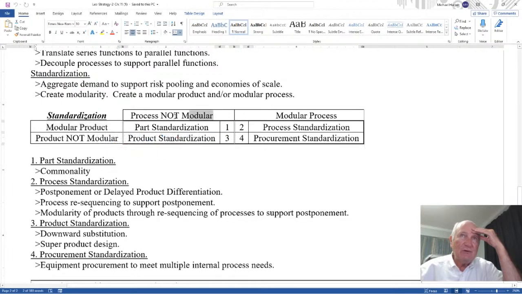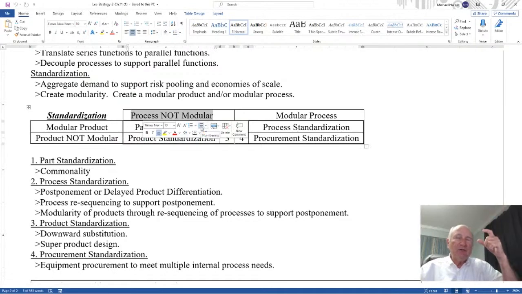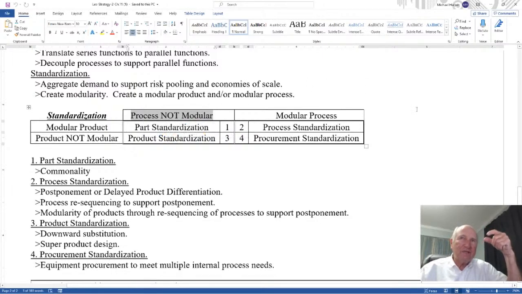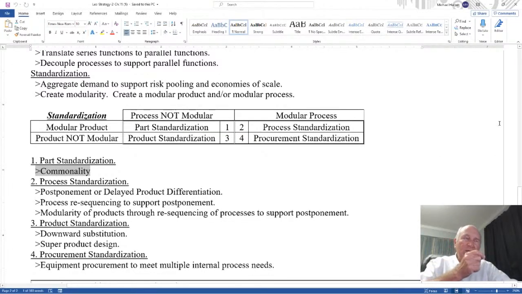Even though the process is not modular, that process does one thing, you can't break it up, but you can design the process to create parts that go into the modular product. And those parts are standardized. And if they're standardized, then they have something called commonality. In other words, you have one part that can go into multiple different products. That's called part standardization.